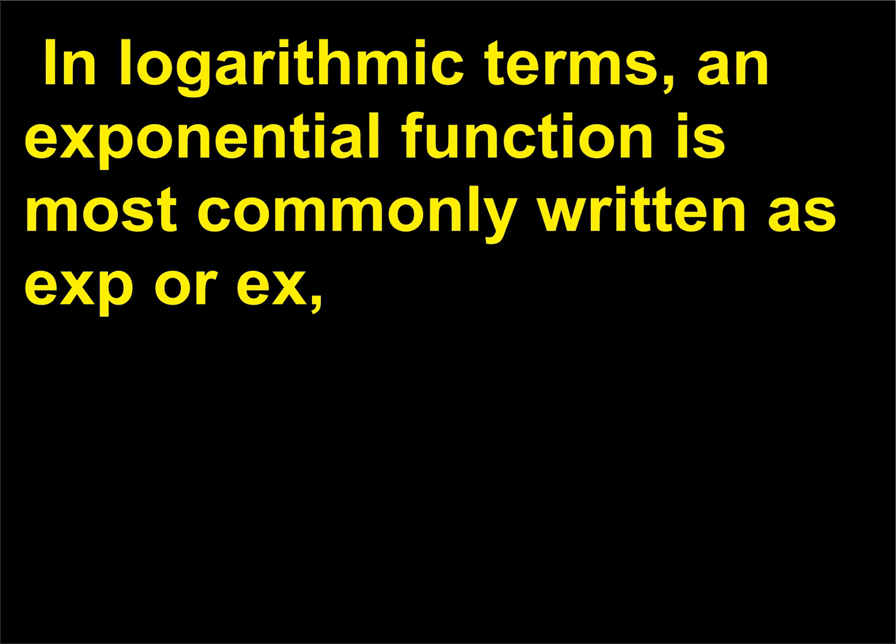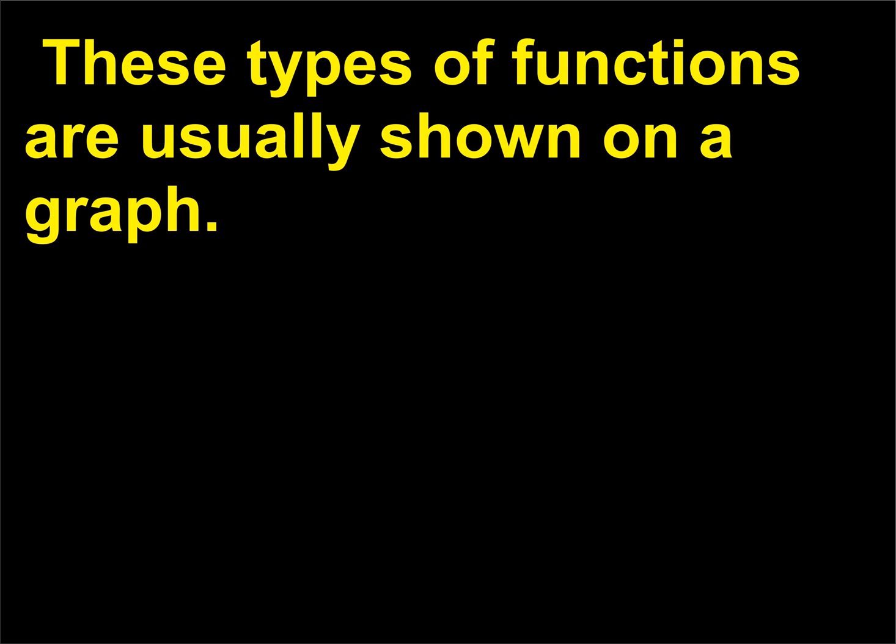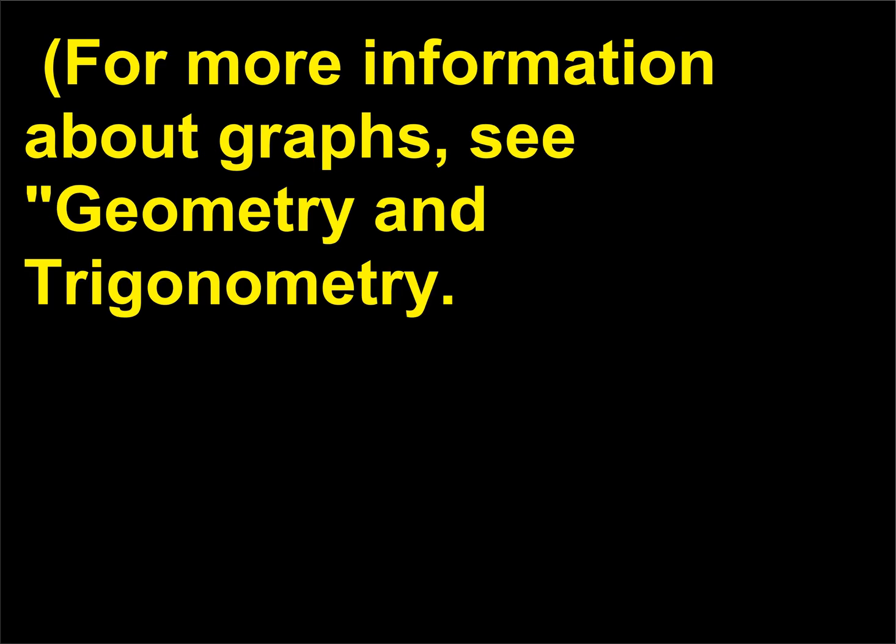In logarithmic terms, an exponential function is most commonly written as exp(x) or e^x, in which e is called the base of the natural logarithm. These types of functions are usually shown on a graph. For more information about graphs, see geometry and trigonometry.